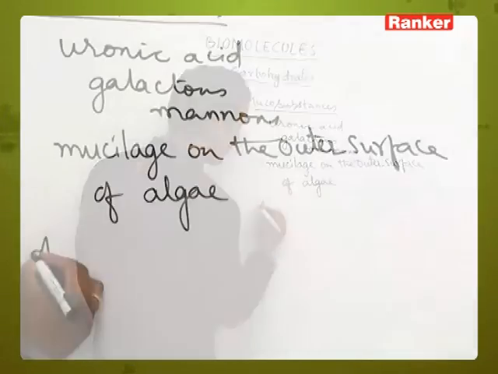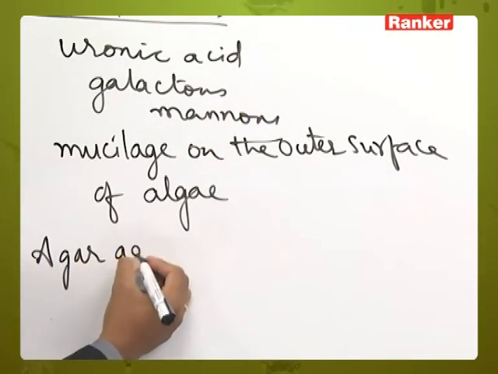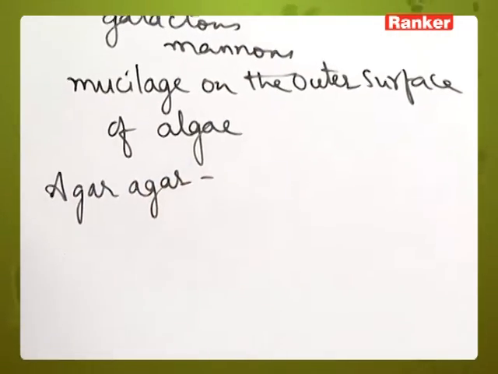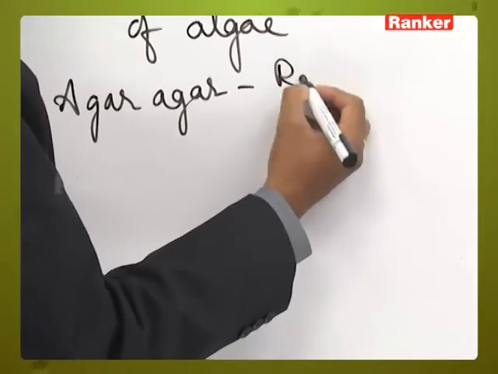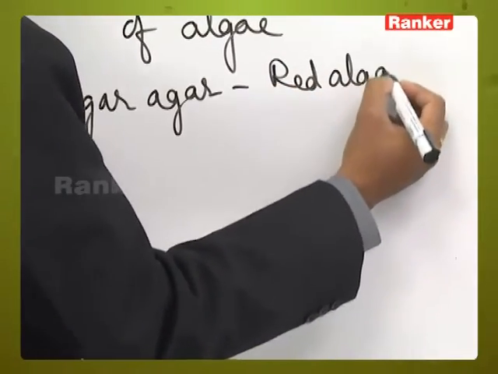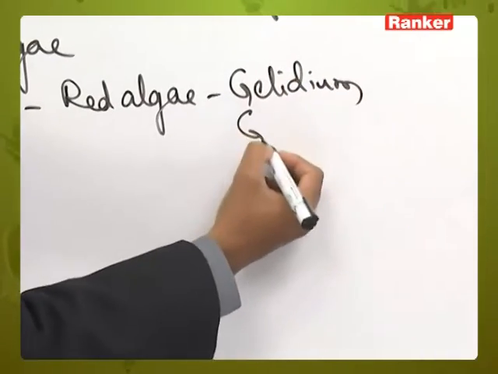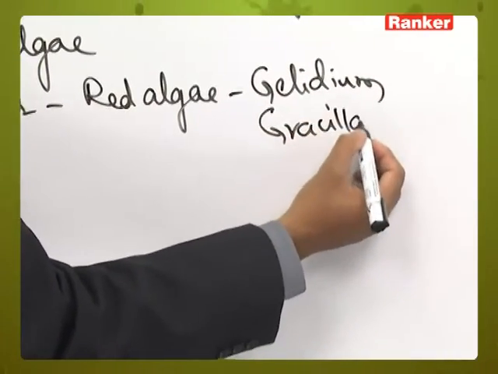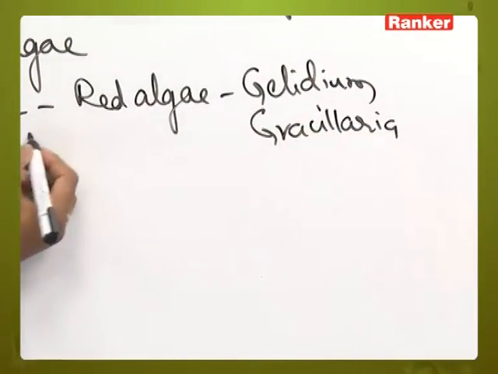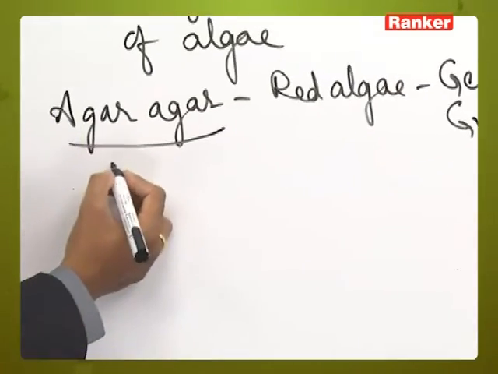Then agar-agar. Agar-agar is a chemical which is extracted from red algae like Gelidium and Gracilaria. This agar-agar is used in tissue culture.